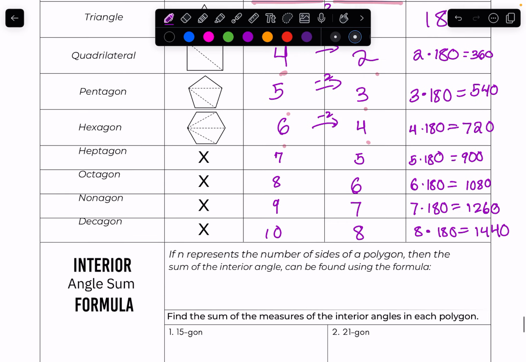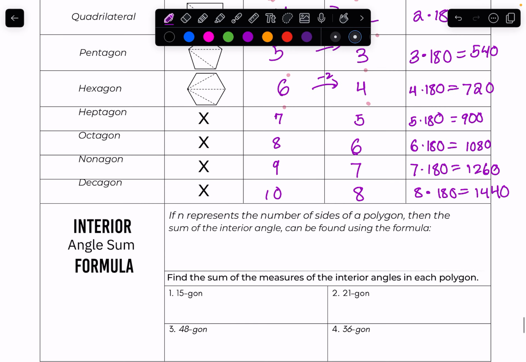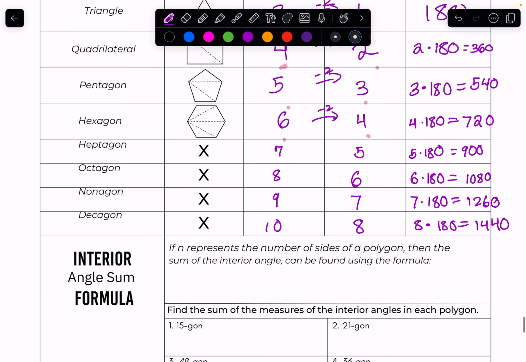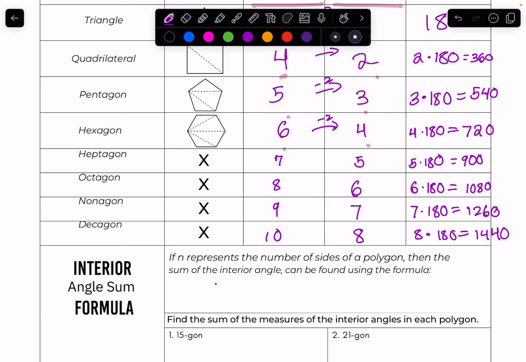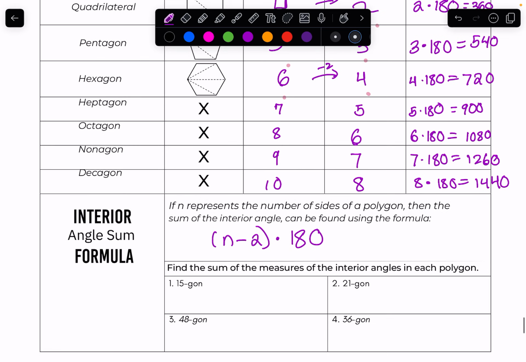So in order to find the number of degrees of the interior angles, you can use a formula. You have to take the number of sides, subtract 2, and then multiply it by 180 degrees. This is how you can find the number of degrees in any polygon.